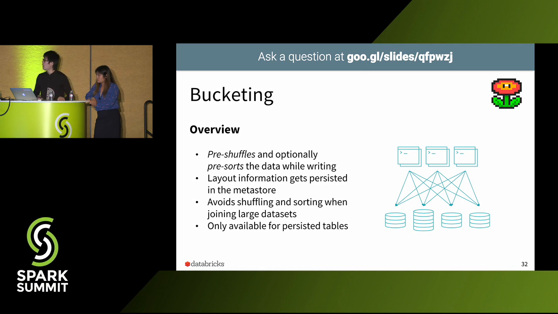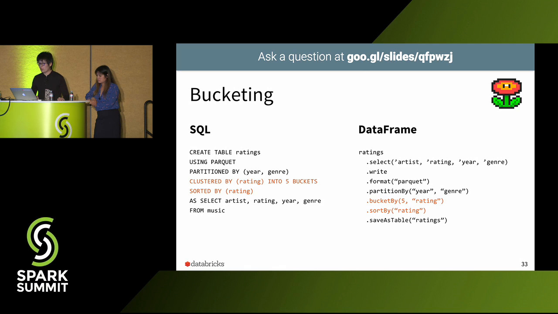And since the layout information has to be persisted into the Metastore, this feature is only applicable for persisted tables. Creating bucketed tables is also pretty straightforward. Basically, you only need to mention which column you want to bucket and how many buckets you want. And optionally, you can also specify a sorted-by clause.